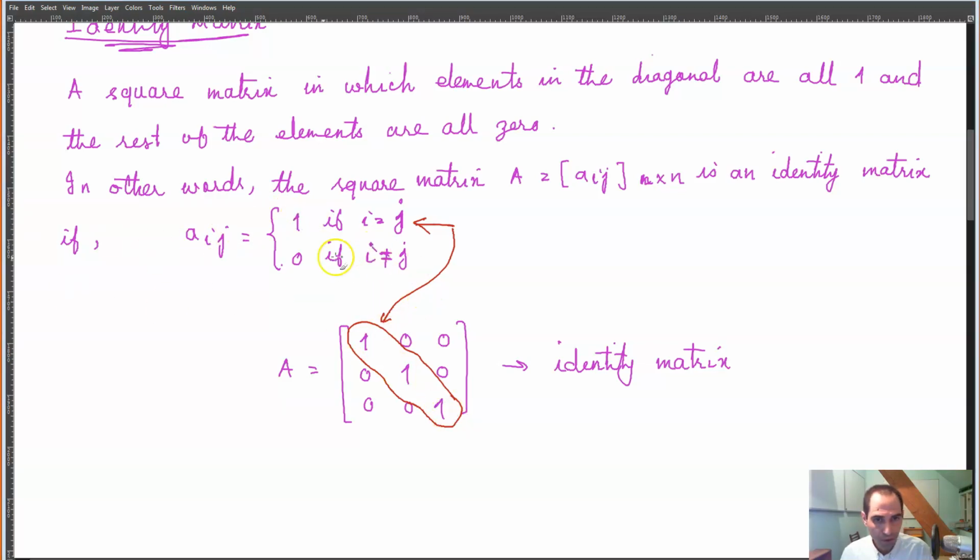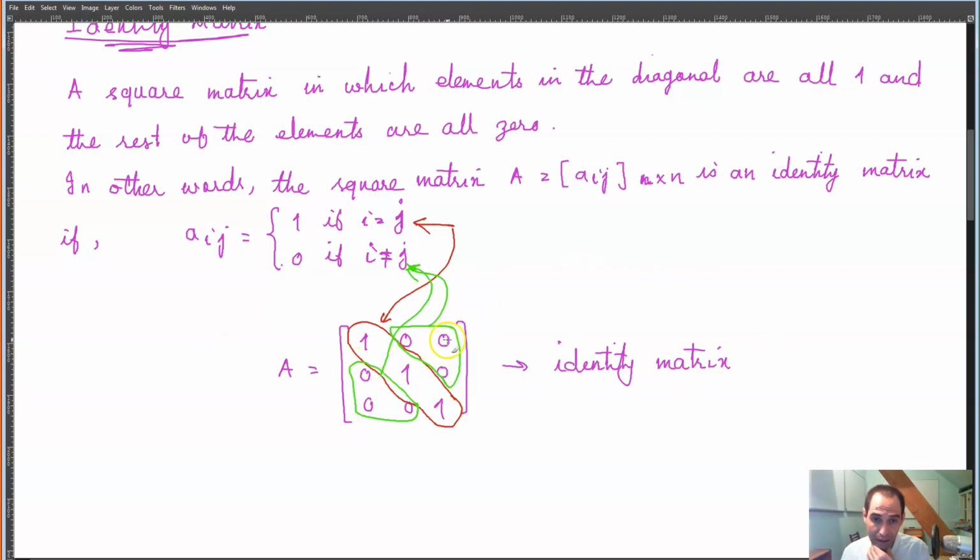And whenever i is not equal to j, which is basically these elements and these elements here, in these cases you can say that A of ij is equal to 0. That is called an identity matrix.